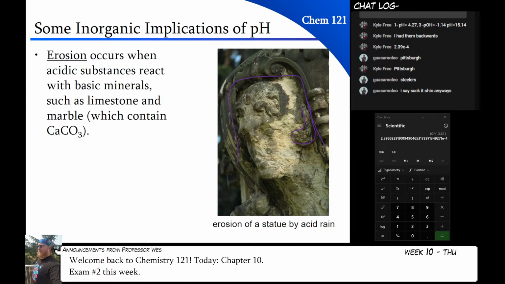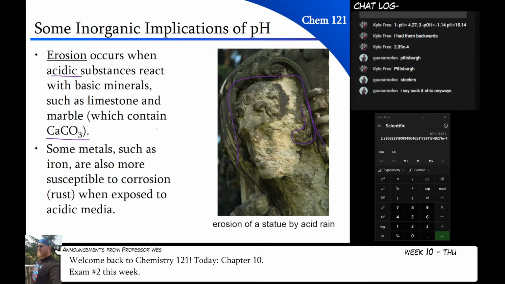So, anything made of limestone or marble, which contains a basic solid calcium carbonate, will react with an acid, like acid rain, and then it'll undergo erosion. Metals are susceptible to rusting when they're exposed to acids as well. So anything that is made of metal, ironically, the steel that Pittsburgh produces, is susceptible to corrosion and rust due to the acid rain that is produced.